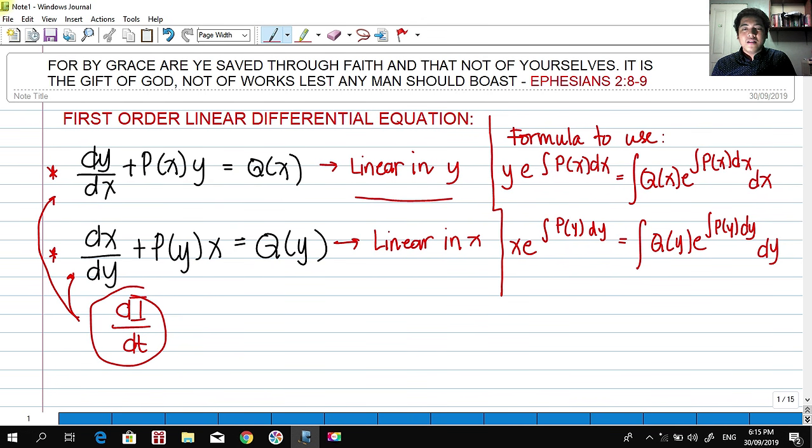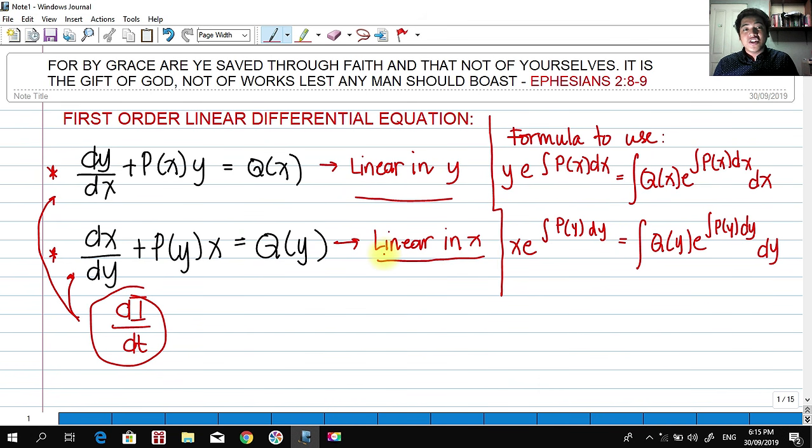In our discussion for today, we're going to simply use this following formula. We have a mnemonic here from my review time, so I don't know if that would be helpful for you. We memorize this formula as "yes, pdx, e squared, pdx."